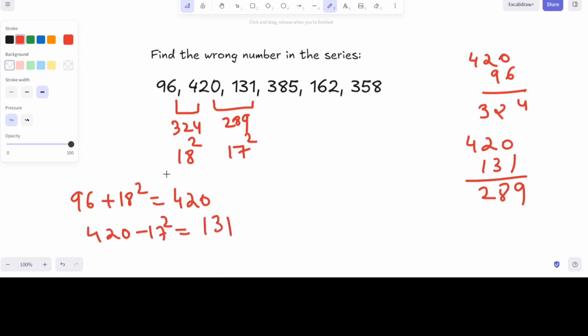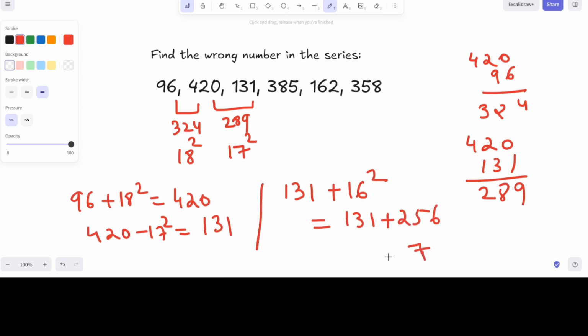So from this pattern, the next term should be 131 plus 16 square, right? That is equal to 131 plus 256. So it should be 387, but we got here 385. So the wrong term should be 385.